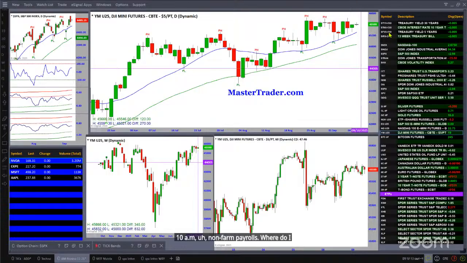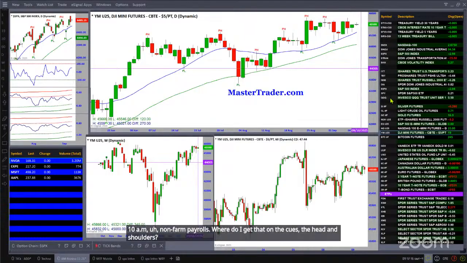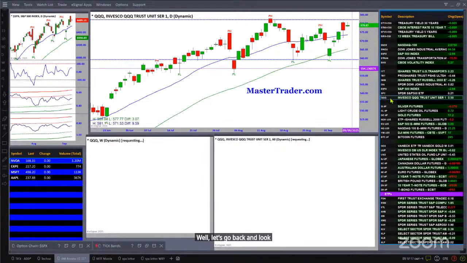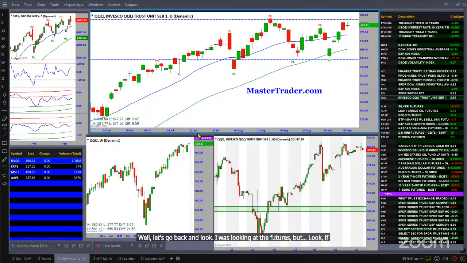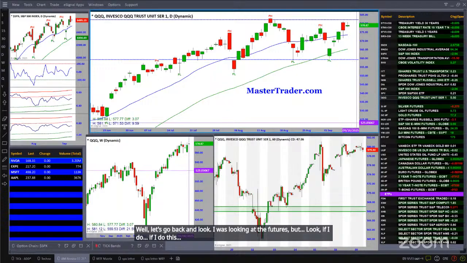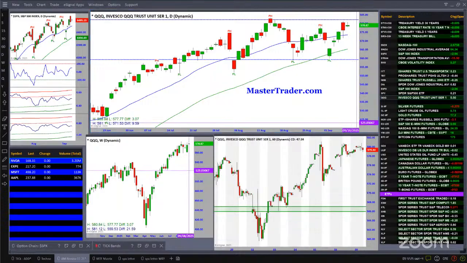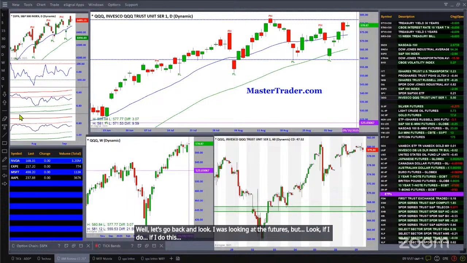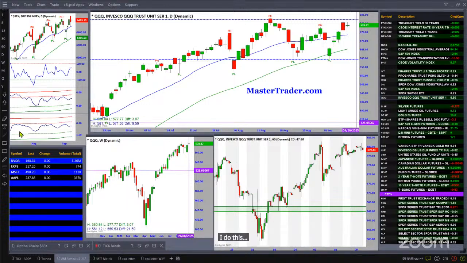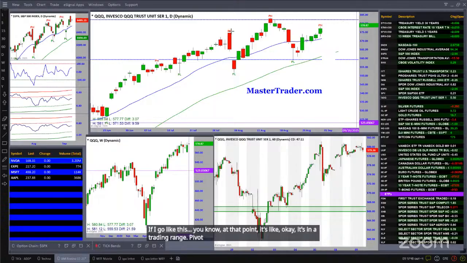Where do I get that on the Qs, the Head and Shoulders? Well, let's go back and look. I was looking at the futures, but look, if I do this, and eliminate that, but look, if I go like this, at that point, it's like, okay, it's in a trading range, pivot high, pivot low, pivot low.